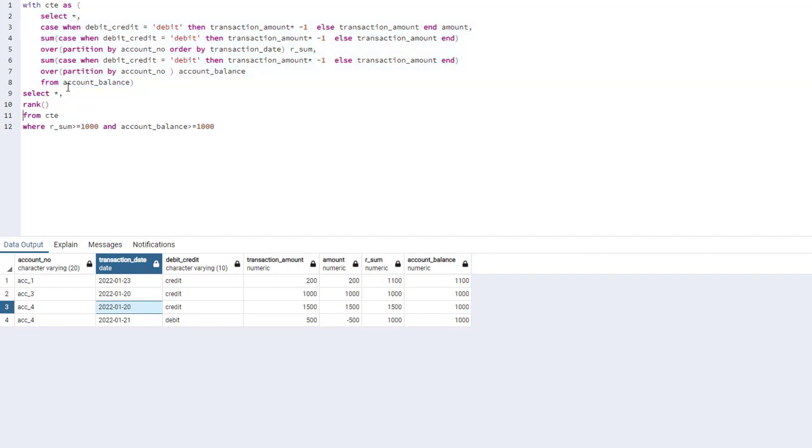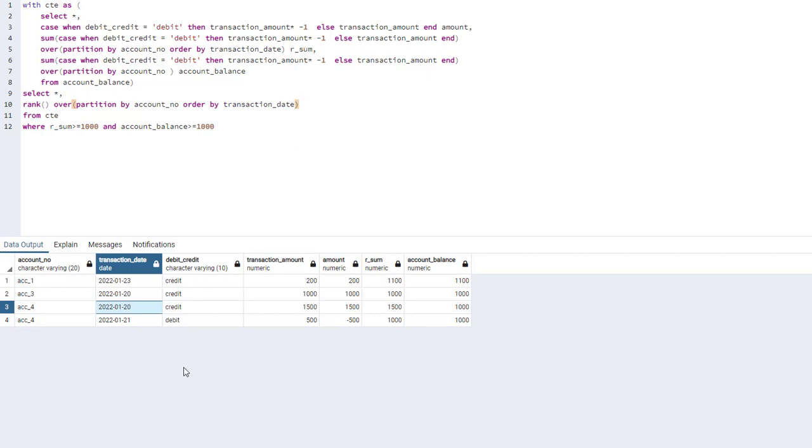I'm going to use this same thing here, over partition by account, order by transaction date.